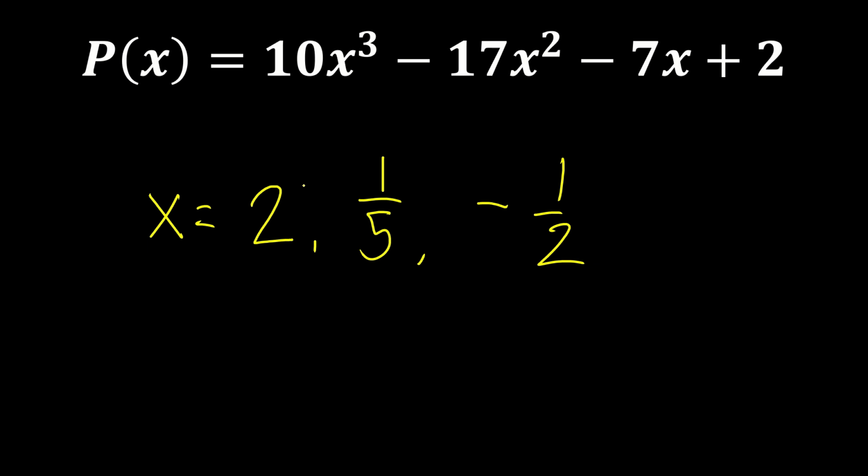So that means, kapag sinubstitute natin si 2 dito sa lahat ng x ng function na to, the answer will be 0. And the same process po, and the same answer na makukuha natin if we substitute 1/5 or negative 1/2 to all values of x of this polynomial function.